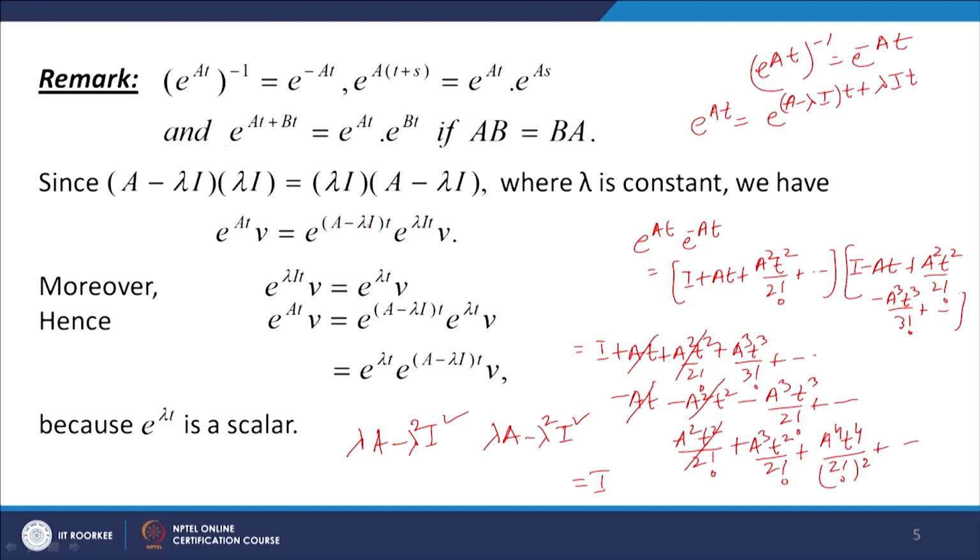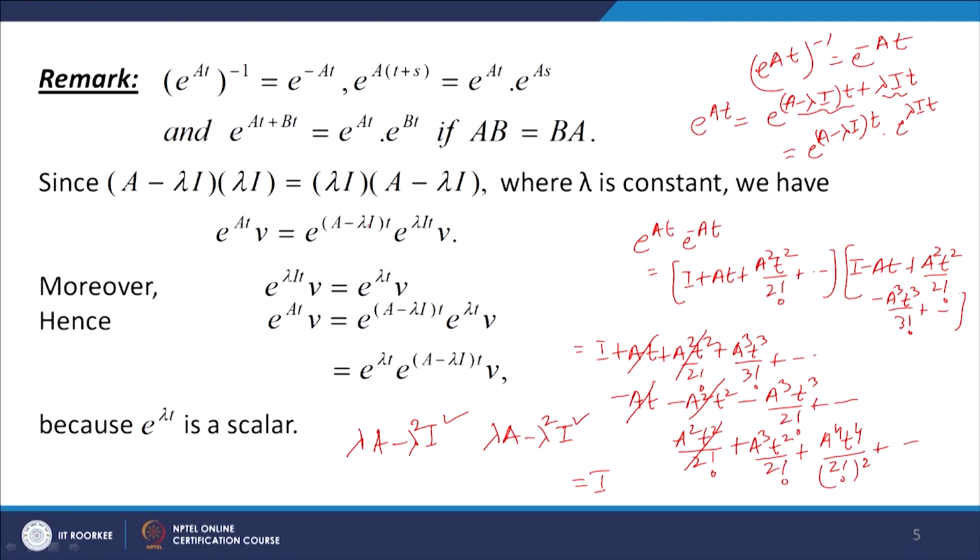Now, use this property, a minus lambda I and lambda I, since they commute, we can write it as e to the power a minus lambda I into t into e to the power lambda I t. So, e to the power a t can be written as e to the power a minus lambda I into t into e to the power lambda I t, because a minus lambda I and lambda I commute, and you are using this property e to the power a t plus b t is equal to e to the power a t into e to the power b t.